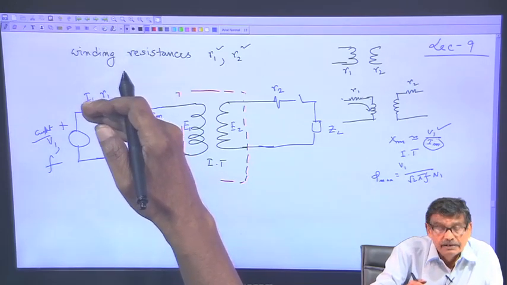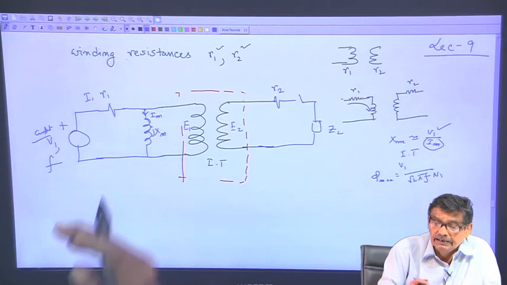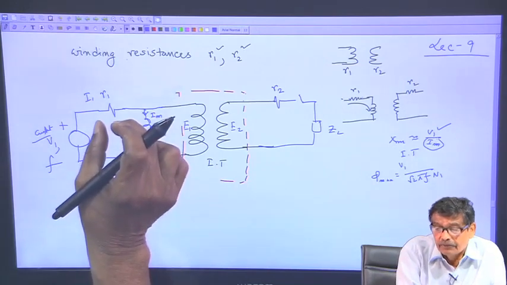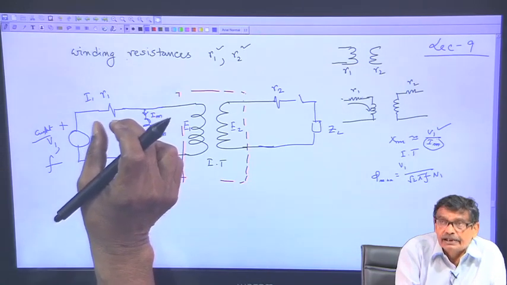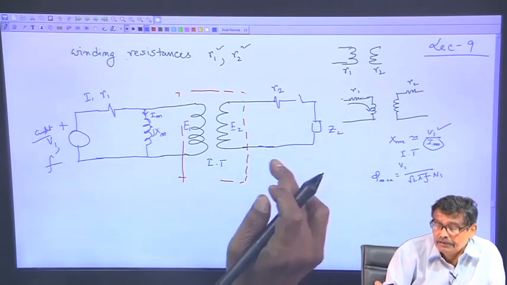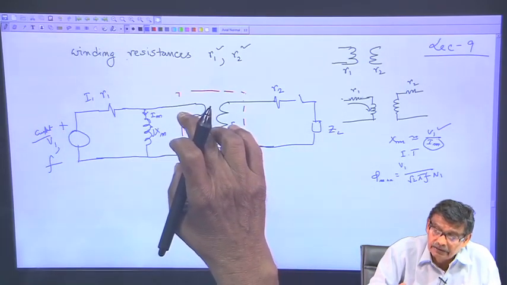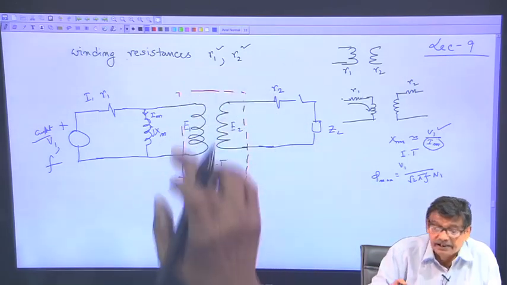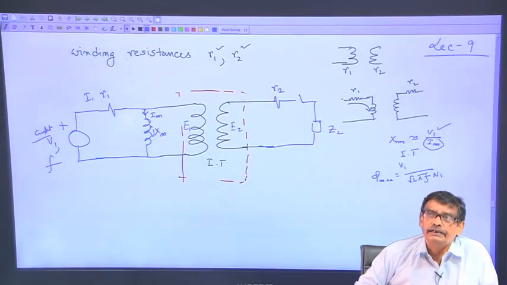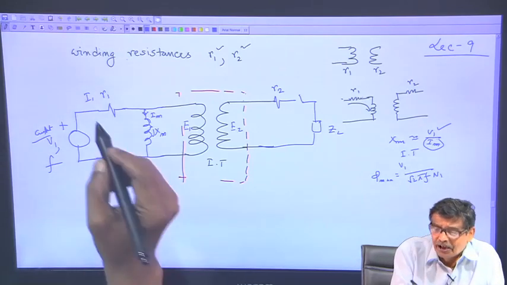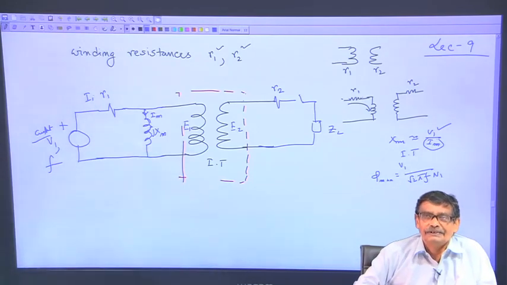Therefore, I 1 is also going to change. Therefore, the drop in R 1 is not constant as you change loading. Therefore, the applied voltage to the primary winding of this ideal transformer is strictly speaking not constant. Only consolation is this R 1 is quite small.